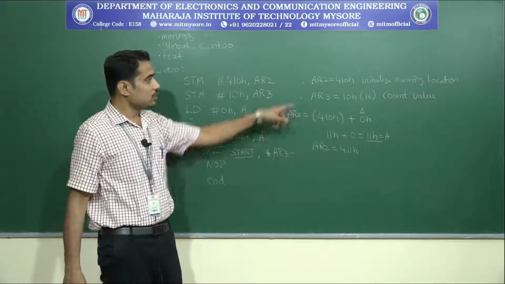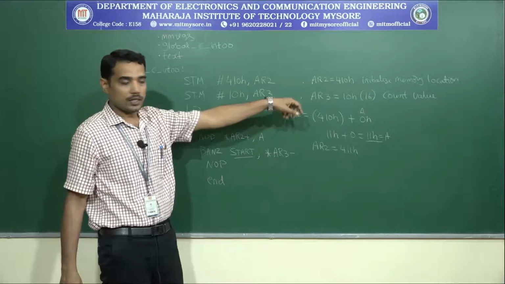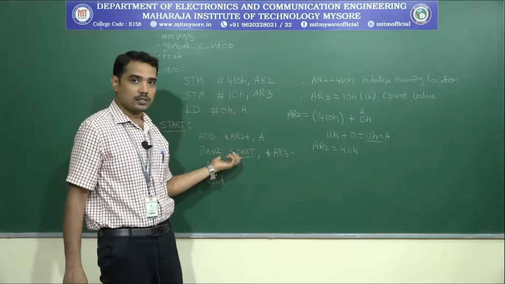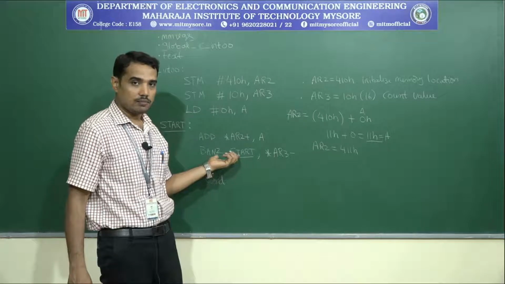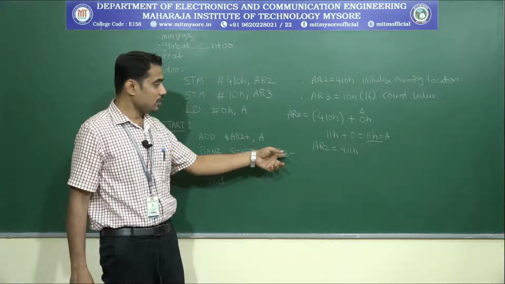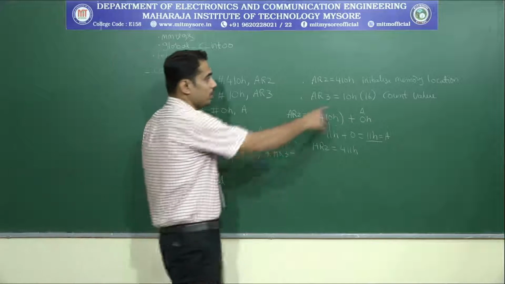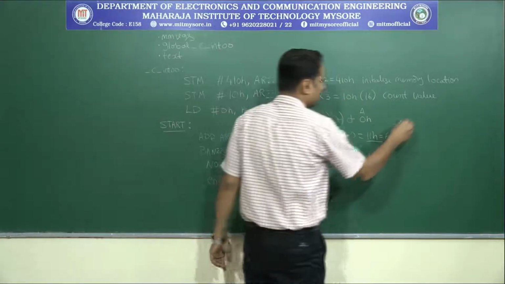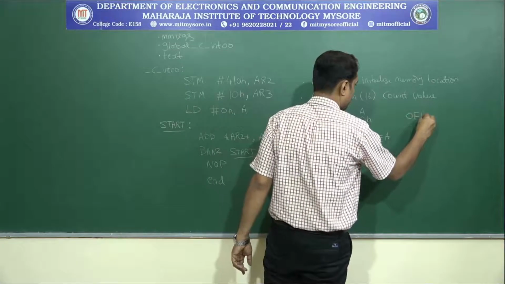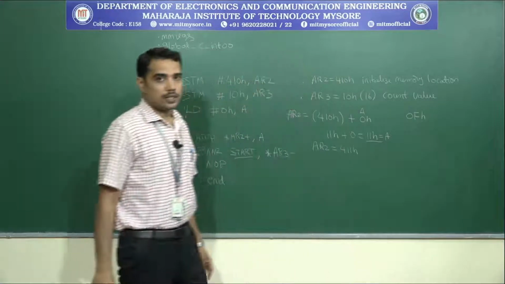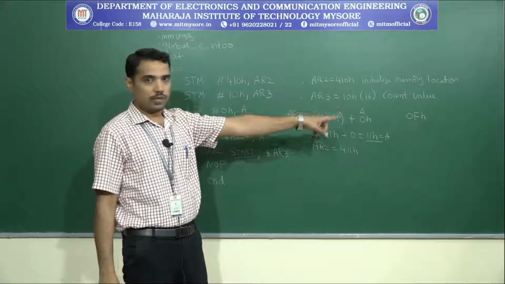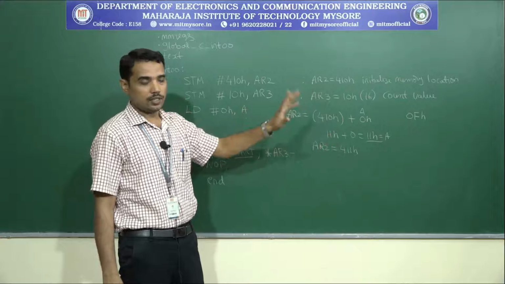Before execution AR3 was equal to 10H. After the instruction BANZ start, AR3 will be equal to 10H minus 1, that is equal to 0FH. It is decremented by one step.